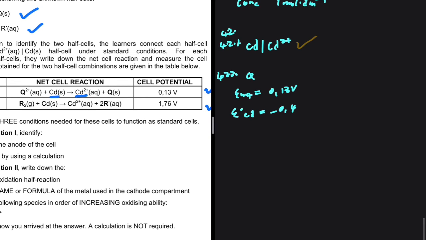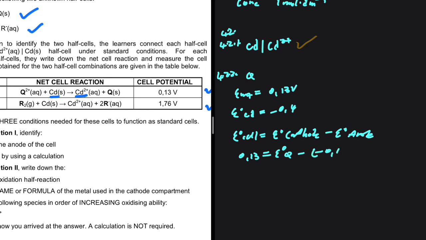So in order for us to determine Q, we're going to say that the EMF of our cell will be equal to the reduction potential at the cathode minus the reduction potential at the anode. So we're going to have 0.13 being equal to the reduction potential at the cathode. At the cathode is where we have Q, as we have already deduced that the anode is cadmium. And the reduction potential of cadmium, that is minus 0.4.